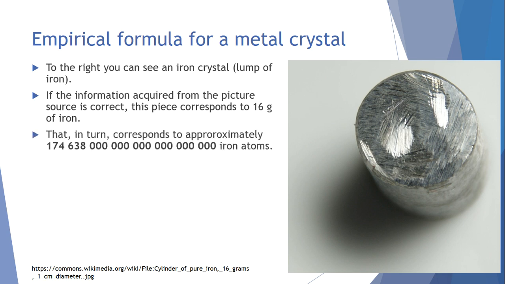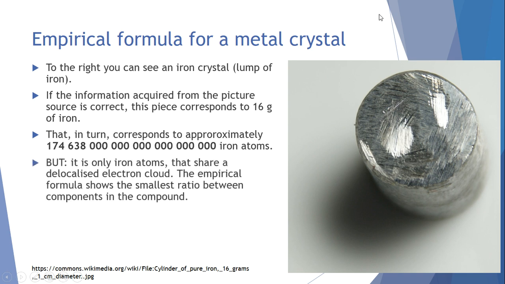If we calculate this and convert this to the number of atoms within this lump of iron, it corresponds to this number written here, which is a very, very large number, to be fair. And that's going to be really hard when we're going to write up a chemical formula involving iron. We don't write up all of these individual atoms.